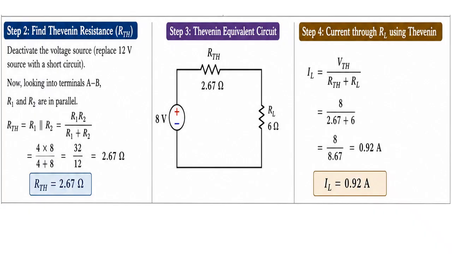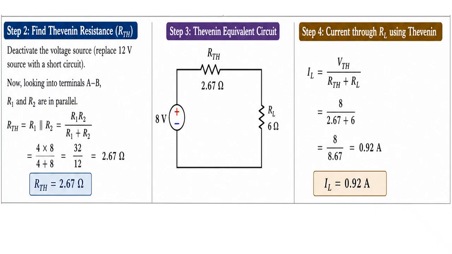After knowing the values of RTH and VTH, we can draw the Thevenin's equivalent circuit easily. We know that the Thevenin's equivalent circuit will contain a voltage source, a Thevenin's resistance and a load resistance. So by substituting the values of the voltage source and the Thevenin's resistance in this equivalent circuit, we will get the Thevenin's equivalent circuit.